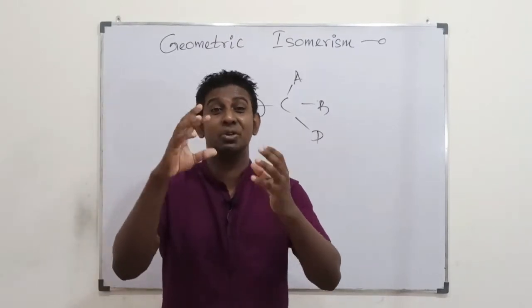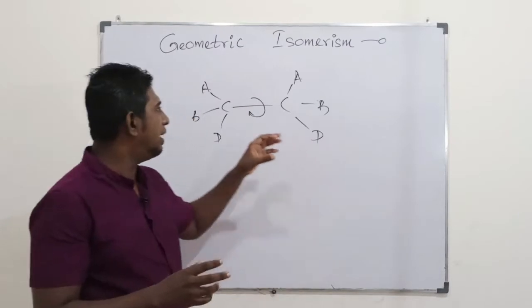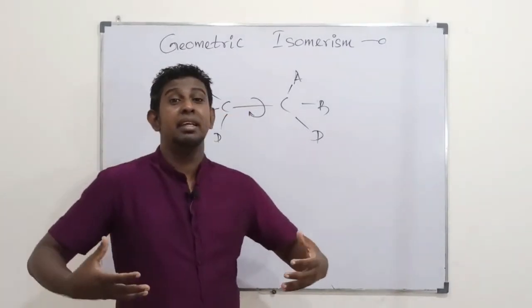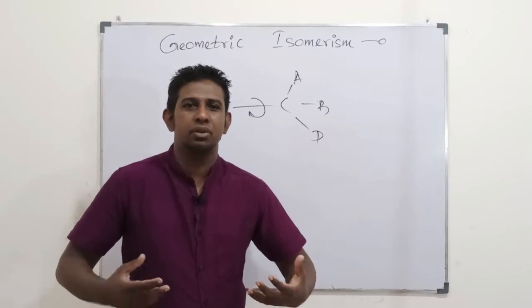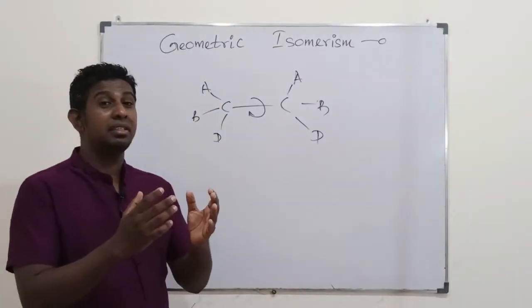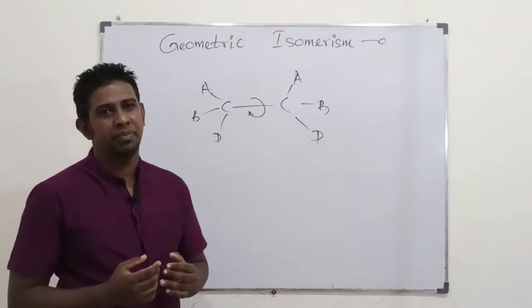Therefore, if you have different groups here, you can't talk about different spatial arrangements, because they could rotate around the axis, and once they arrange in a way, next time they could rotate and arrange in a totally different way.